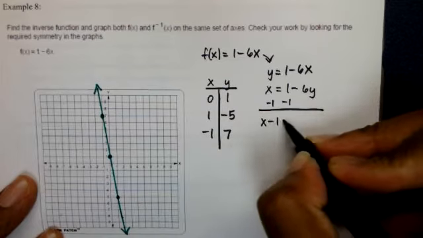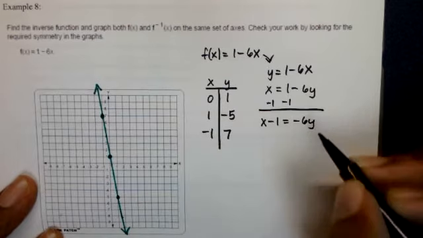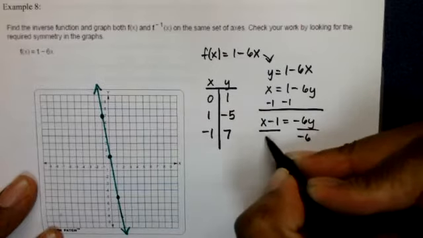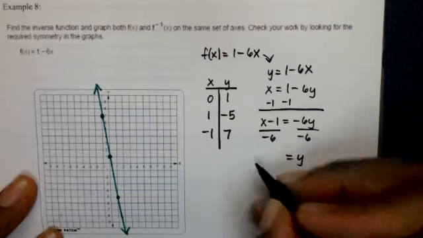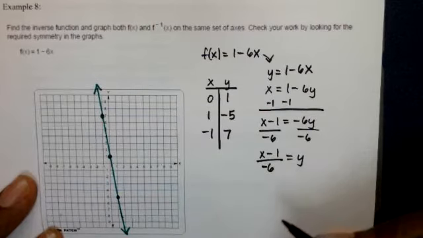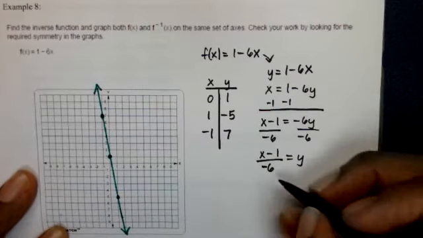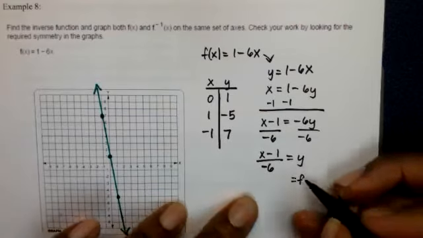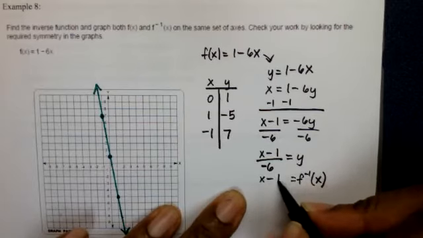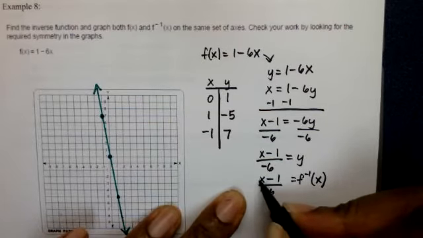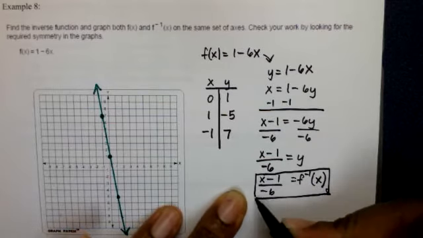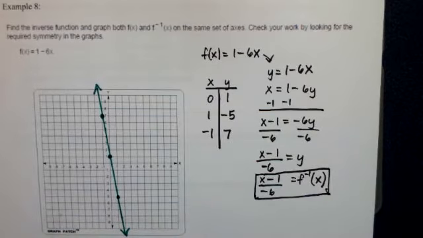So x minus 1 is equal to negative 6y. And then divide both sides by negative 6. This will be y equals (x minus 1) all divided by negative 6. And then we substitute the y with the f inverse of x notation. So f inverse of x would be equal to (x minus 1) all divided by negative 6.